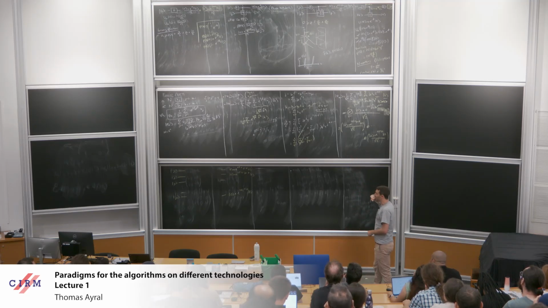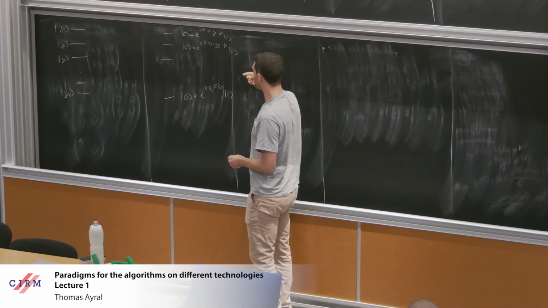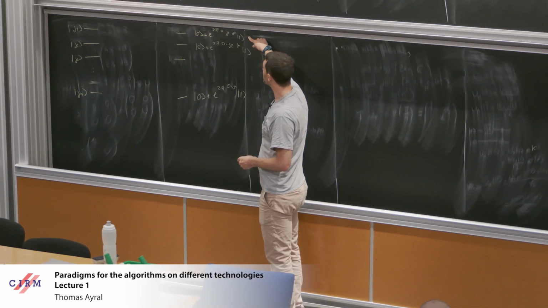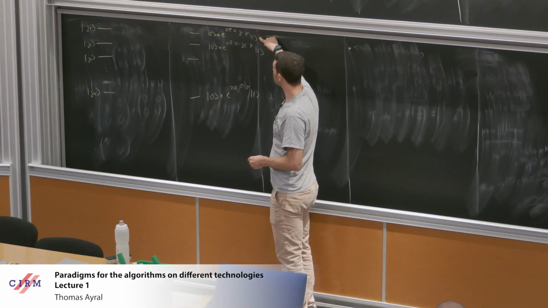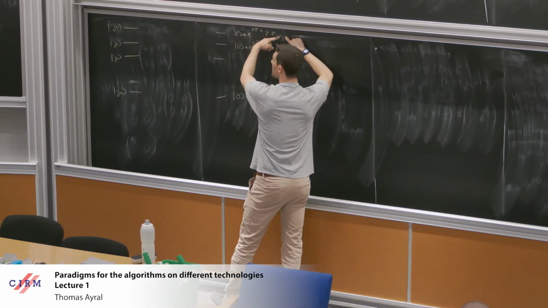So how do we do it? Let's start maybe with this state. How do we collect all the phase information of the input register on this first state?